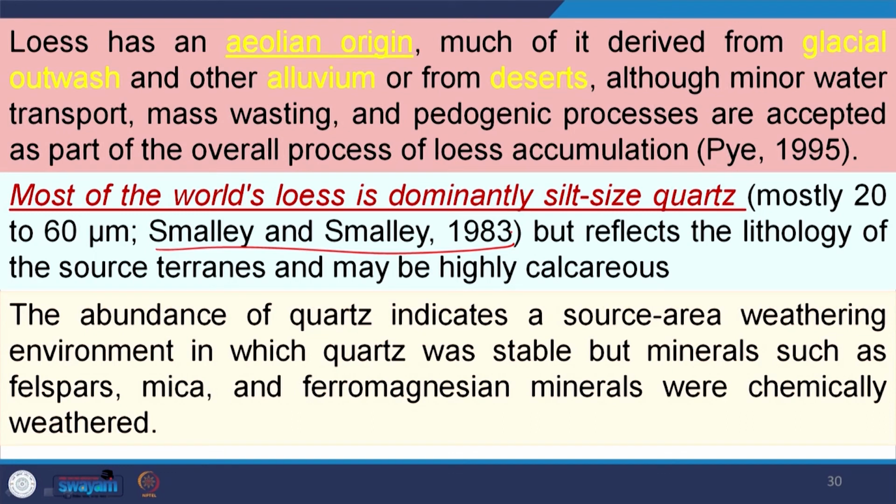Most of the world's loess is dominantly silt size quartz, mostly 20 to 60 micrometers, but it reflects the lithology of the source terrain and may be highly calcareous. The abundance of quartz indicates source area weathering that removed the ferromagnesian minerals, micas and feldspars, a particular type of erosion responsible for the enrichment of quartz in the source area.